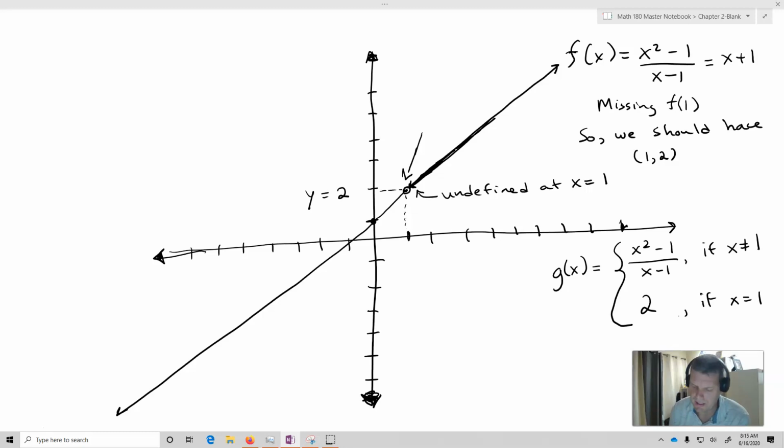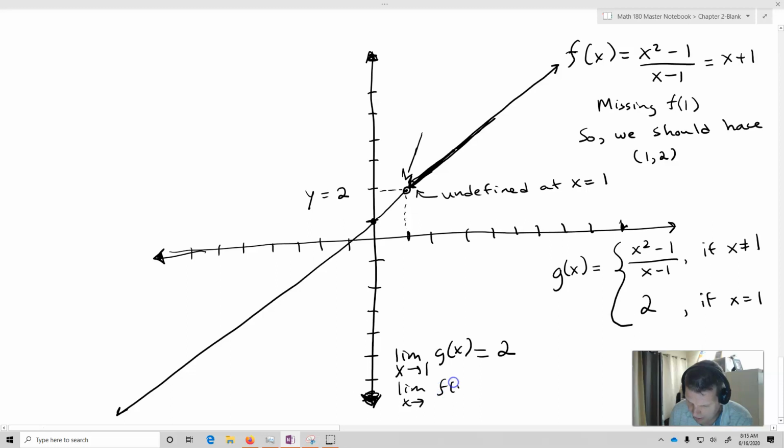In fact, watch this. The limit as x approaches 1 of g of x is going to equal 2, right? You can see that. In fact, the limit as x approaches 1 of f of x, and you can try this out yourself, we saw it before, is equal to 2, right?